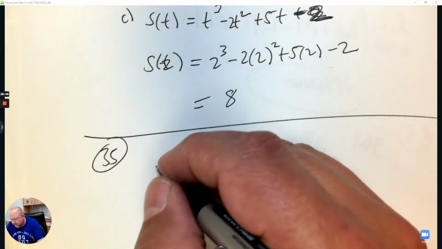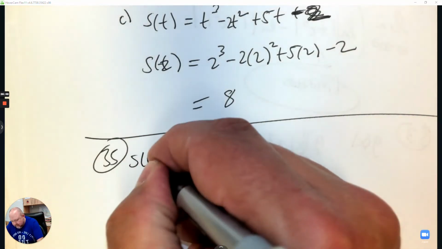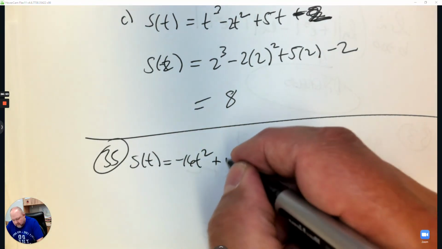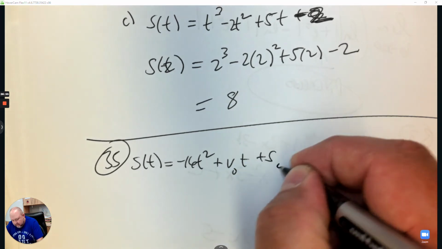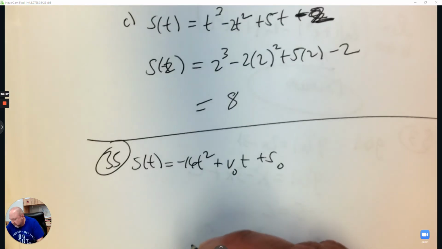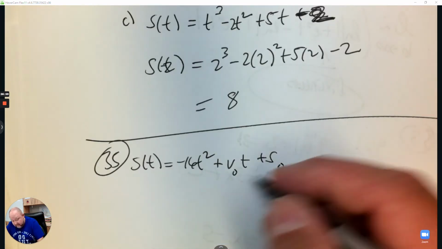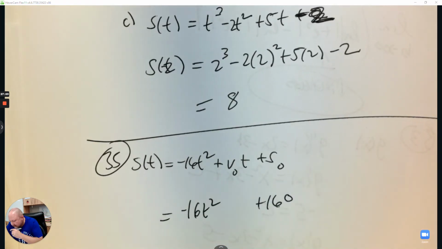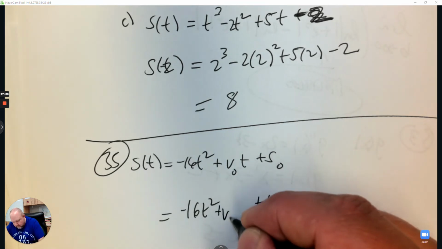A ball is dropped, and use the equation s(t) equals -16t squared plus the initial velocity plus the initial position. So the initial position is 160 feet above the river. How long will it take the ball to hit the water?